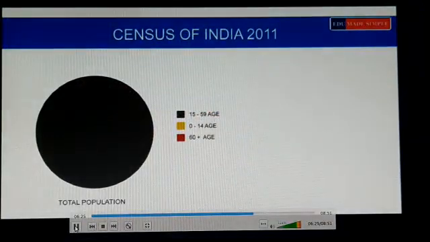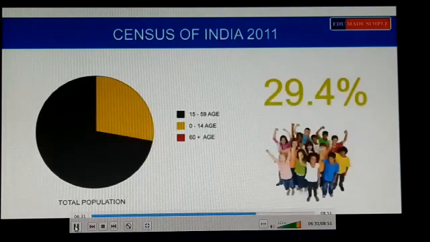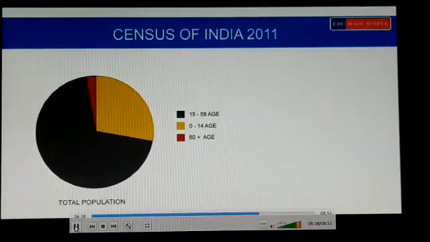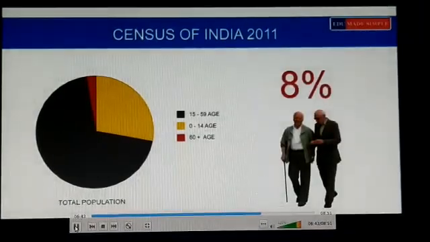According to the Census of India 2011, percentage of population belonging to the age group of 0 to 14 is 29.4%. Percentage of total population belonging to the age group of 60 years and above is 8%.